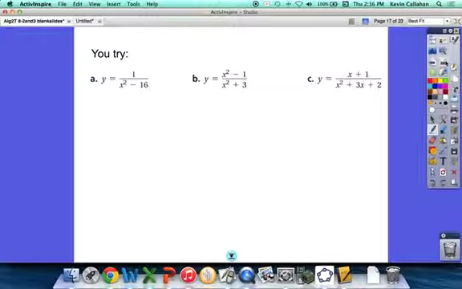There's a pattern in the denominator in the first one: a difference of squares.